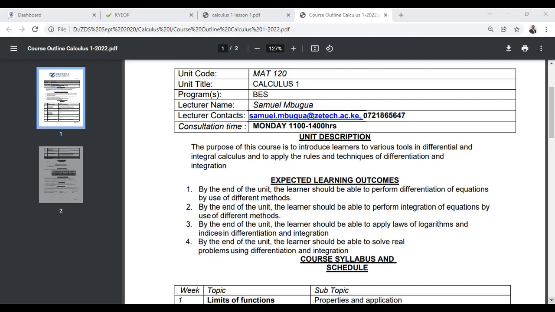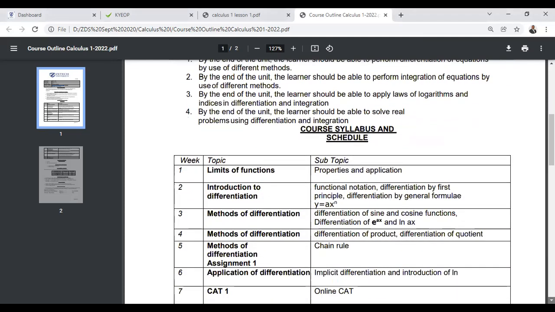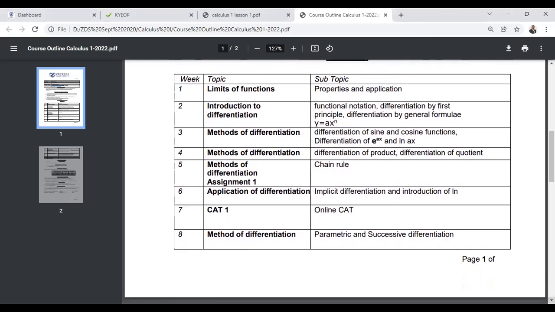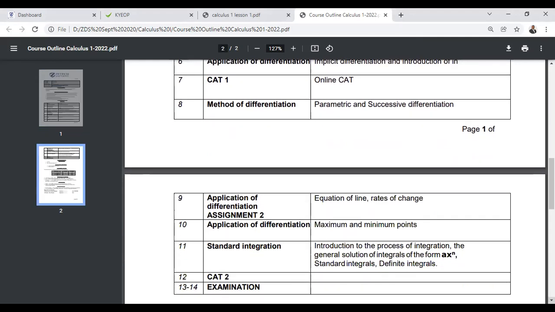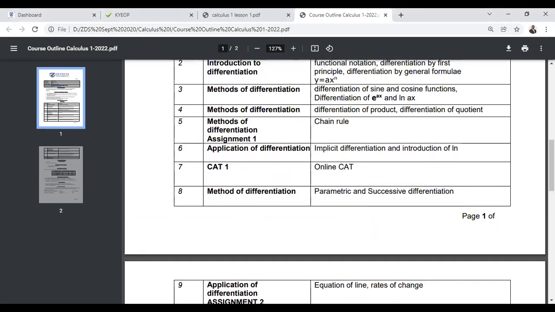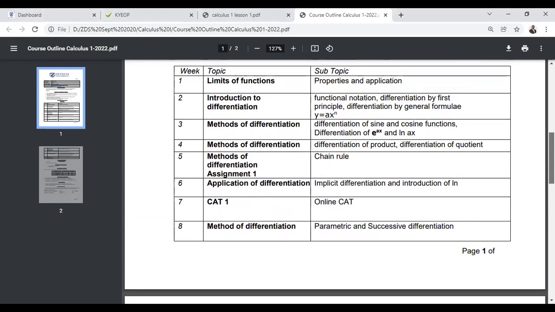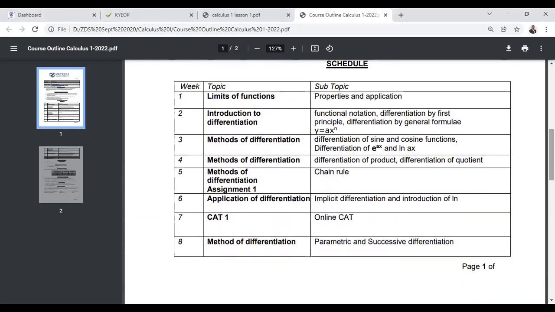I've shared this equally in the portal, and this is how our course is broken down. We'll be having CATs and assignments done in the portal, so kindly note that, but the exam will be face-to-face. So I would expect that once we have an assignment, or I post a forum, it's the duty of the student to ensure that you respond to the forum during the class timings.